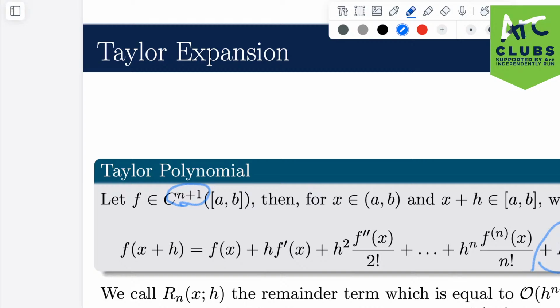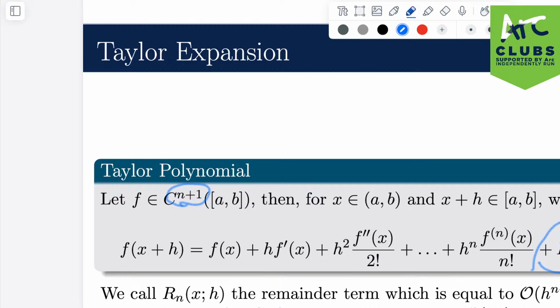The general rule is if you only have f dash x, so if you only know the first derivative, then the remainder term is just O(h), because here n will be equal to 1. If you have knowledge of f dash dash x, then the remainder term will be big O h squared. The reason is n will be equal to 2 here, right?